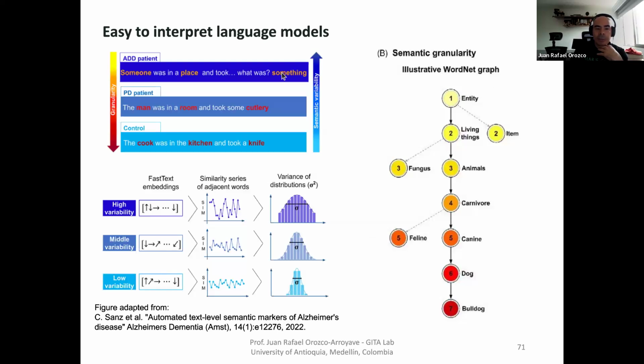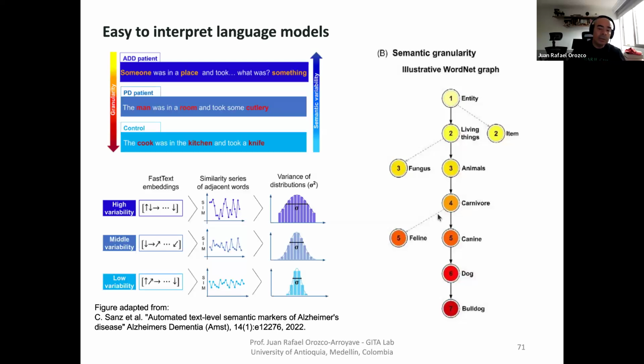Another concept that could be used to interpret language models is semantic granularity, for which there is a corpus of different concepts in each language. Those are public. When you name an animal, you can say, okay, this is a living thing. Or you can say, this is an animal. Or you can say, oh, this is a carnivore.